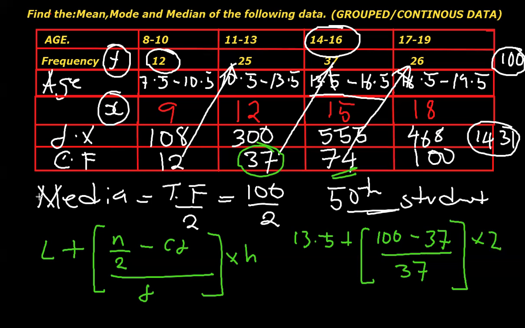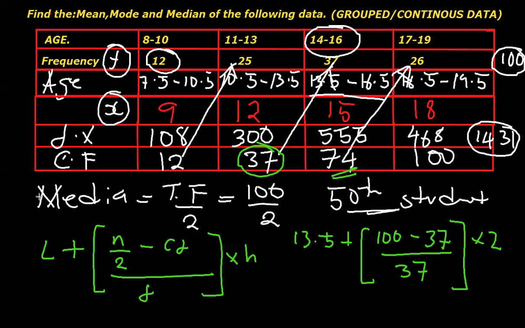Now let's do the calculation. So 100 minus 37, that gives us 63. Then I'm going to take my 63 divided by 37. That gives me 1.702. And then I multiply by 2.